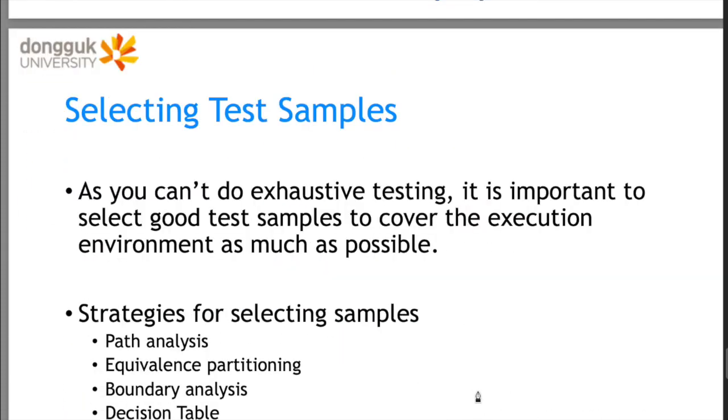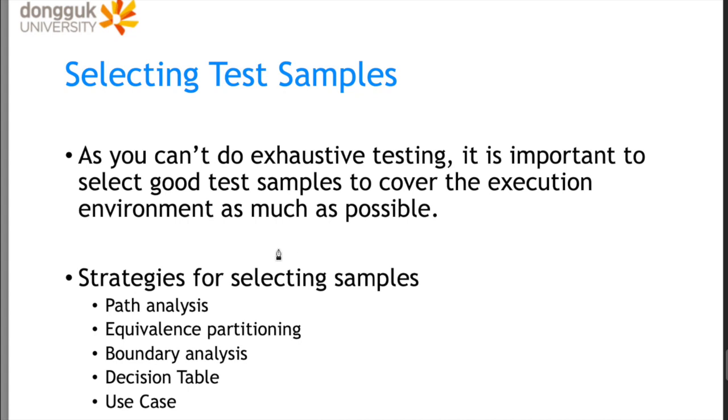So the thing is, you can do exhaustive testing, but it is important to select good test samples to cover the execution and environment as much as possible. So we have learned a method about path analysis, which requires source code knowledge.